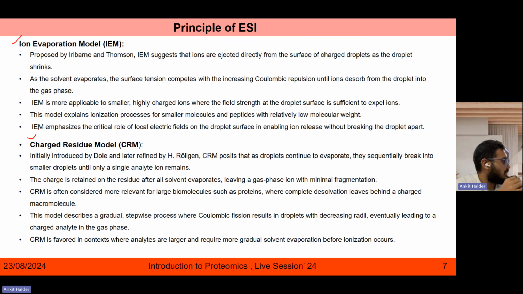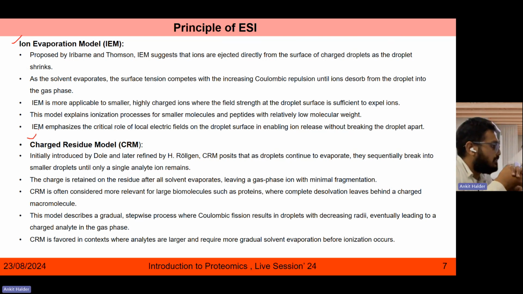This ion evaporation model is more applicable to smaller highly charged ions, where the field strength at the droplet surface is sufficient for expelling the ions. So this explains the ionization process for smaller molecules and peptides, which are relatively low molecular weight, and highlights the role of electrical fields at the droplet surface in enabling ion release without breaking the droplet apart.